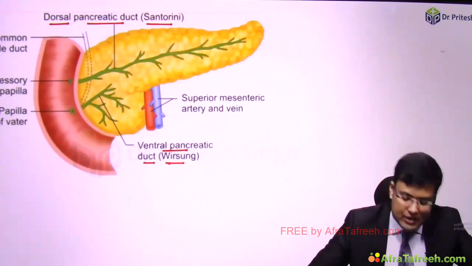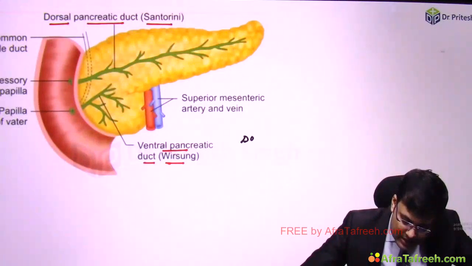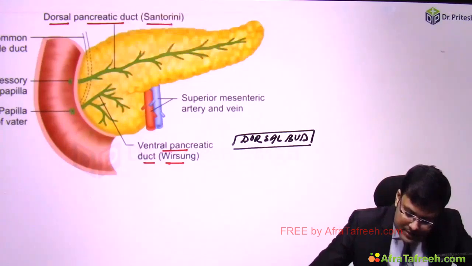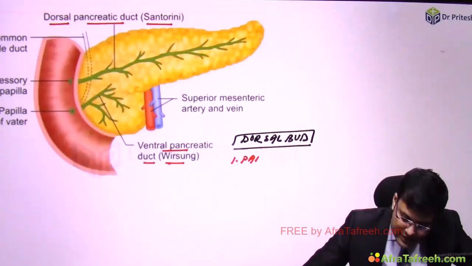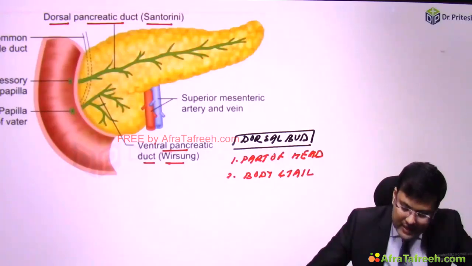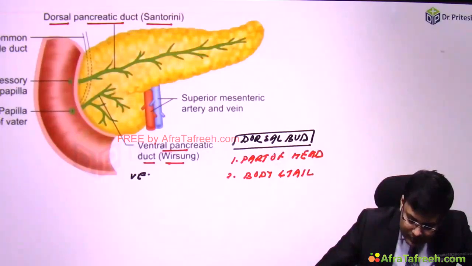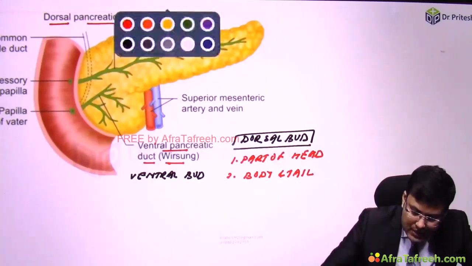So first question, which part of pancreas develops from dorsal bud? From dorsal bud, first part of head, and second, body and tail of pancreas. And from ventral bud, which part develops?